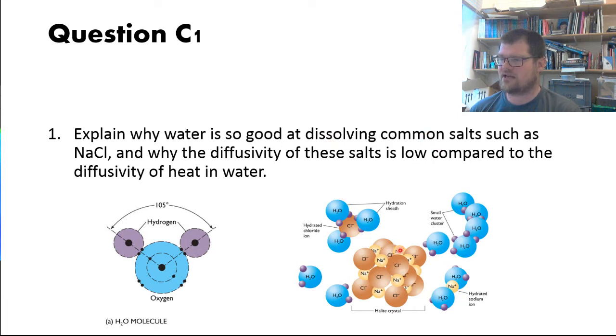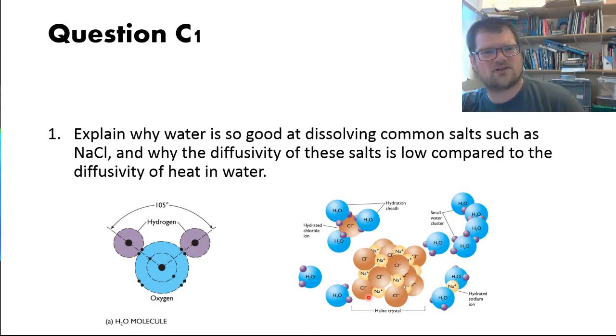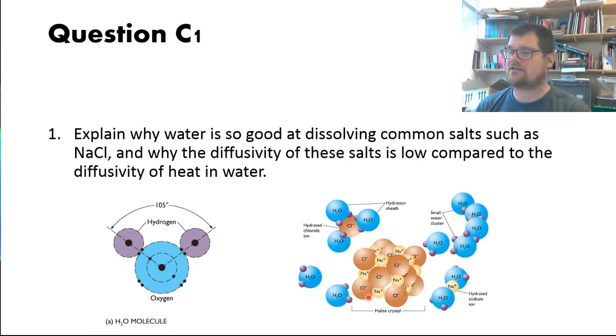So the first thing is that these polar water molecules can basically pluck out the individual atoms from the salts to get them into the solution. Because you've got the positive sides of the water here attracting, in this case, a chlorine ion, and that can pull it out from the crystal lattice. So that's why it's good at taking things out of the solid phase, but also water is really good at keeping things dissolved.